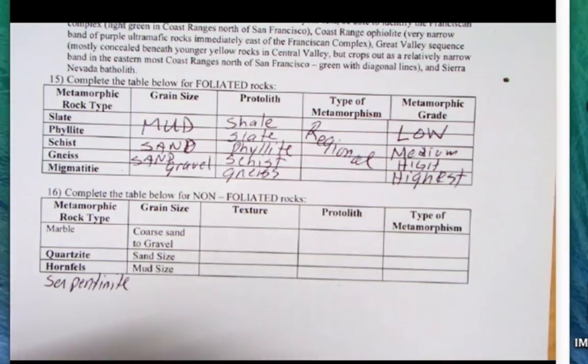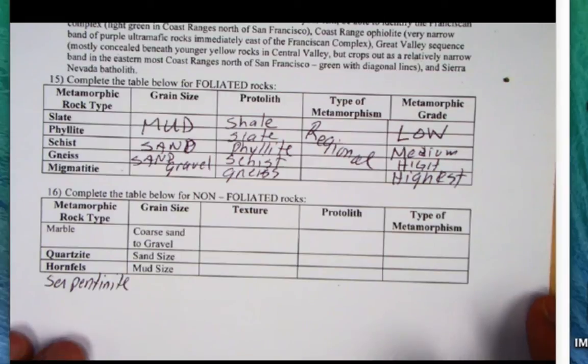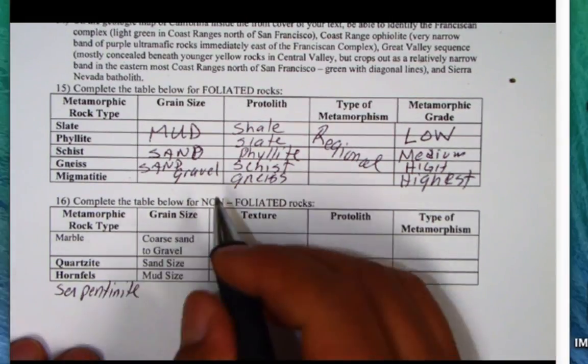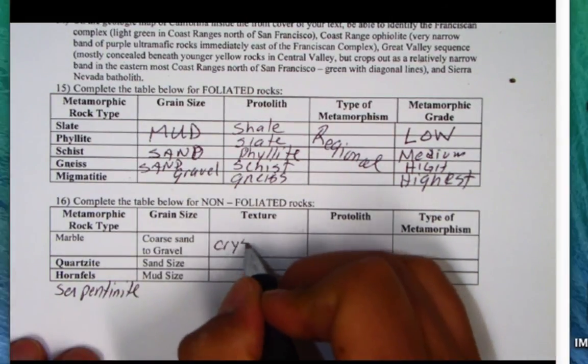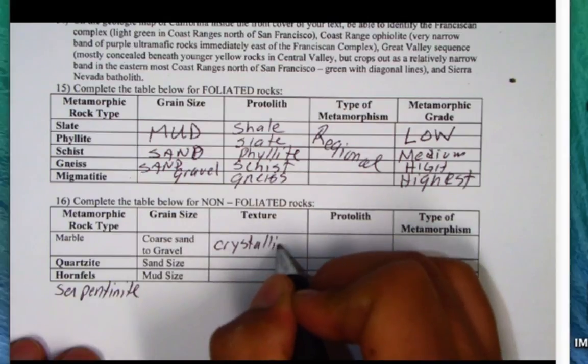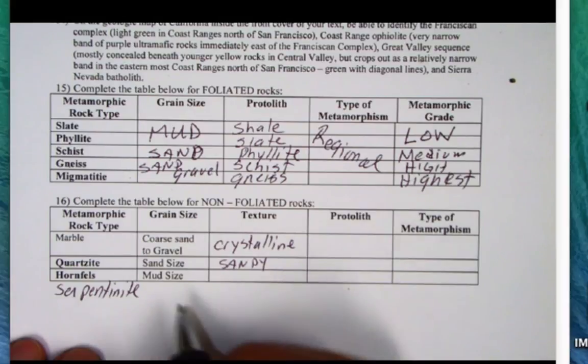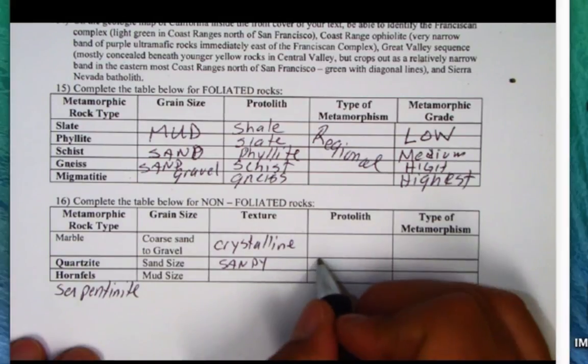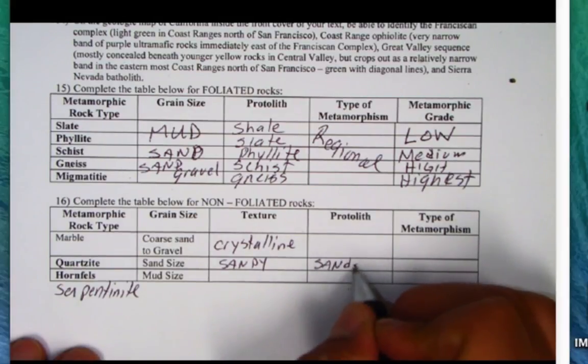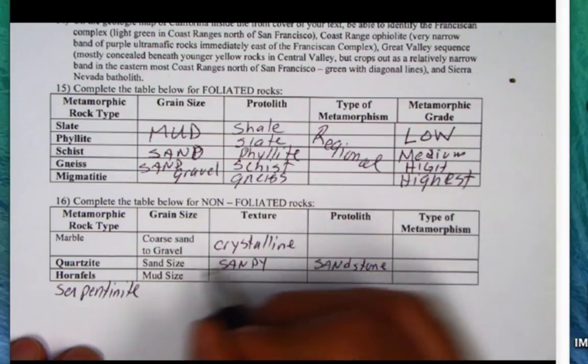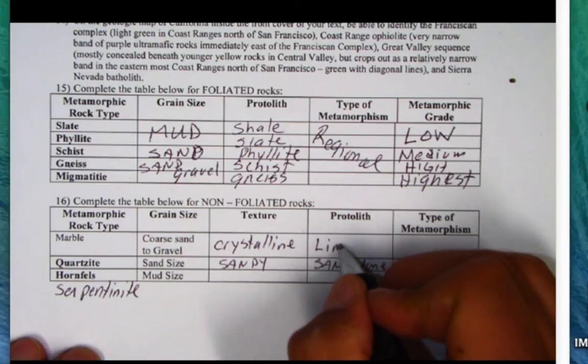Now, for the non-foliated rocks, marble will have a crystalline texture. Quartzite is sandy, and its protolith is going to be sandstone. And remember, the protolith of marble is limestone.